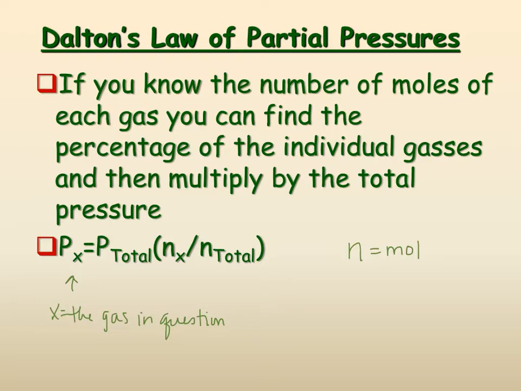So to find the percentage of gas X, you need to know the moles of gas X and your total moles, and that gives you your percentage. So n of X is moles of the gas in question, and n total is total moles of all gases.